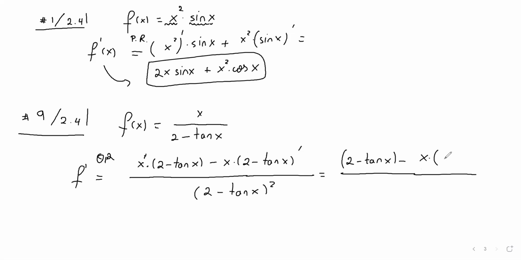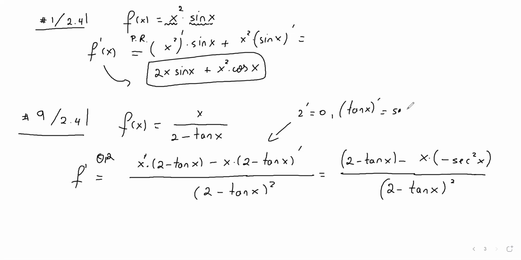So that's 0 minus secant squared x. That's going to be at the top, divided by 2 minus tangent x all squared. So remember, folks, 2 prime is 0 and tangent x prime is secant squared, so that's why when you differentiate you get 0 minus secant squared x.